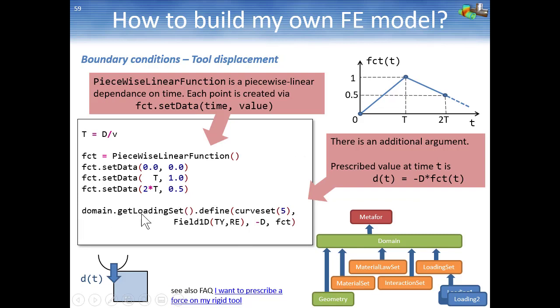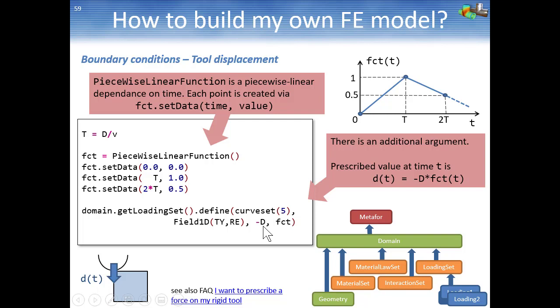And we use exactly the same kind of commands to prescribe the displacement of other entities, such as the tool. So the tool should be moved in the y direction. So it's y here. The tool is curve set 5.